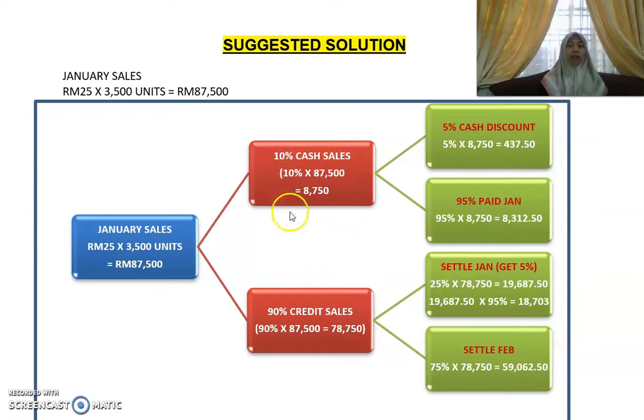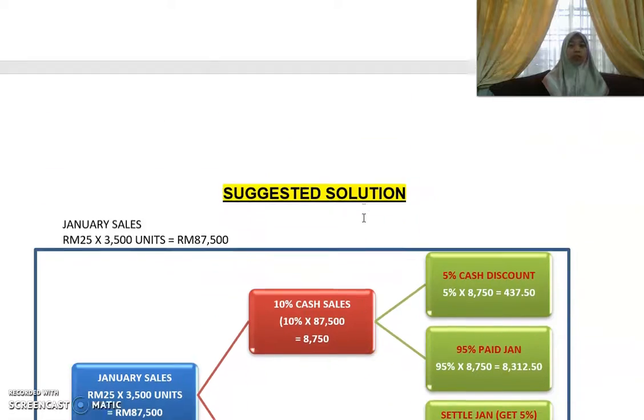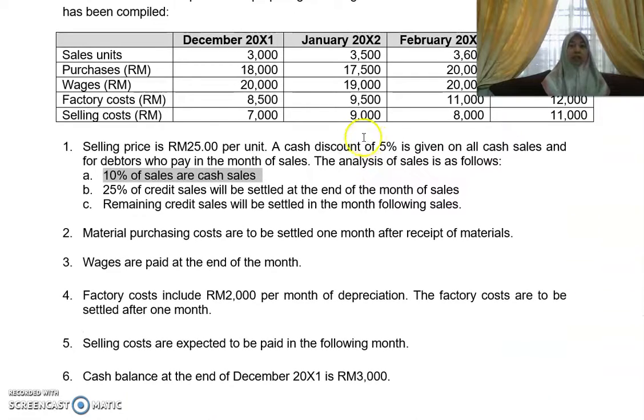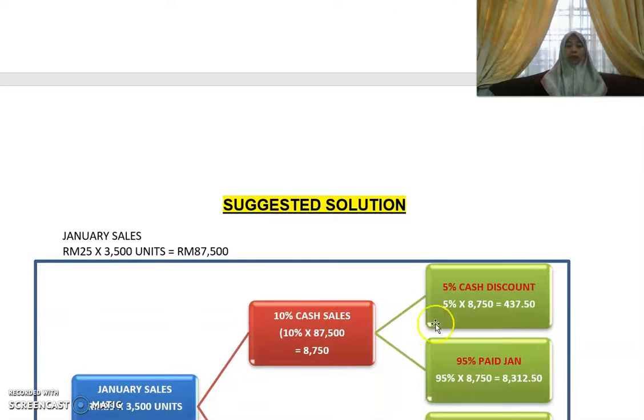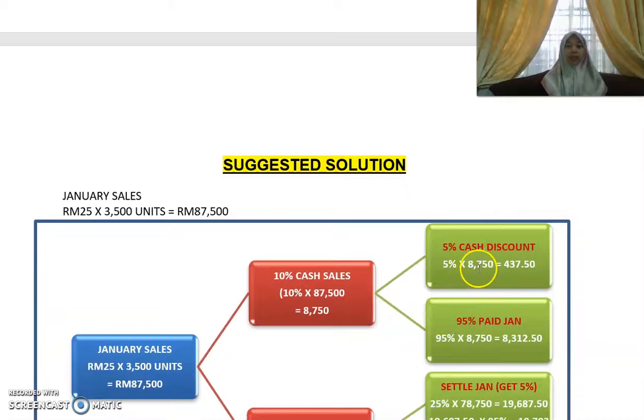First I focus on the cash sales. What about the cash sales? You give 5% cash discount, as a cash discount of 5% is given on all cash sales. So out of this, you will give 5% cash discount.